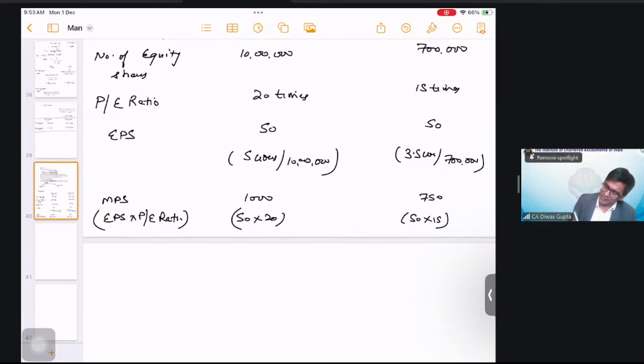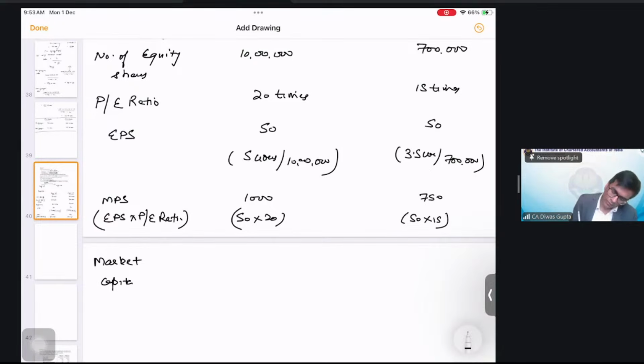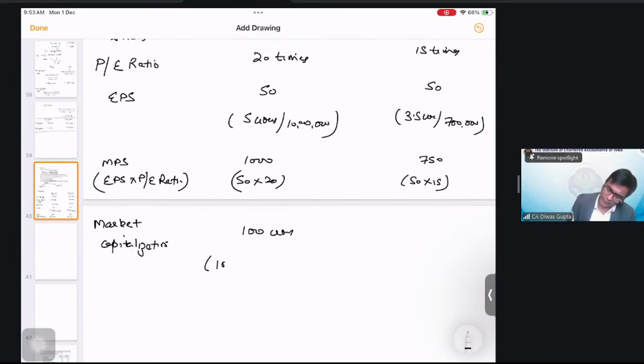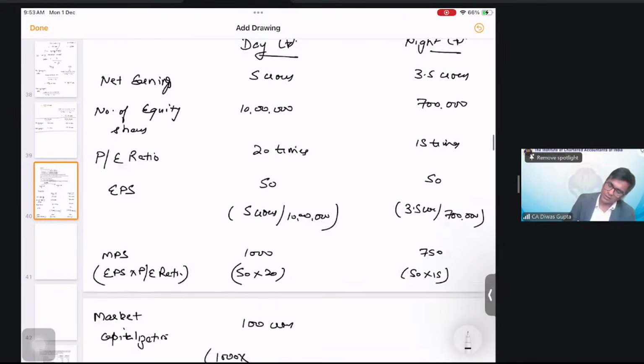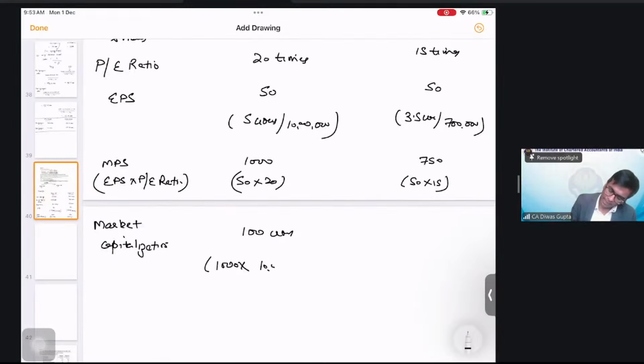Then market capitalization will be 100 crores, right? Which is 1000 multiplied by number of shares, 10 lakhs.